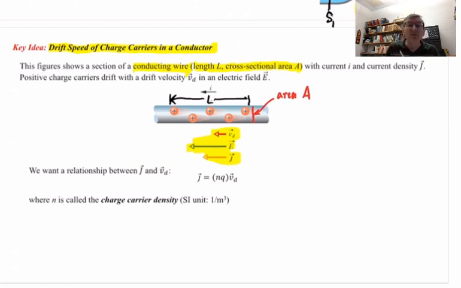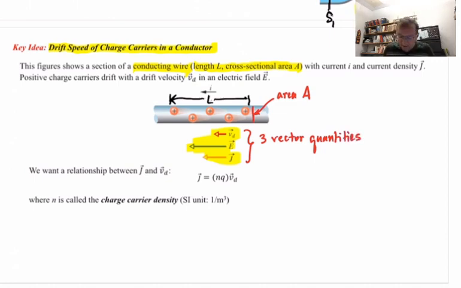There's an electric field in the conductor; that's what's giving us this drift to the left. And there's current, and therefore current density, to the left. So I've got three vector quantities in that section of conducting wire, and they're all to the left.